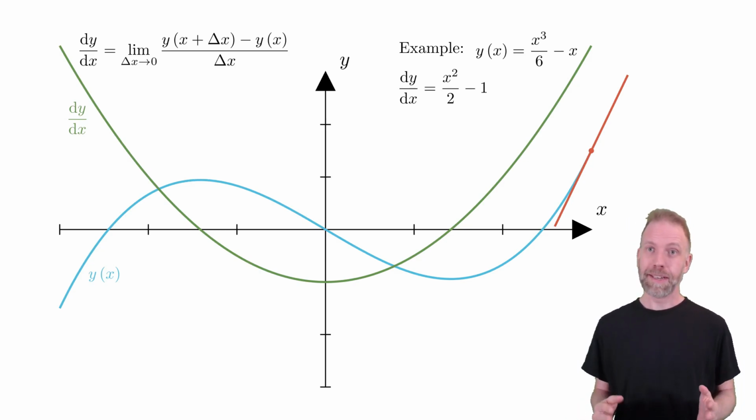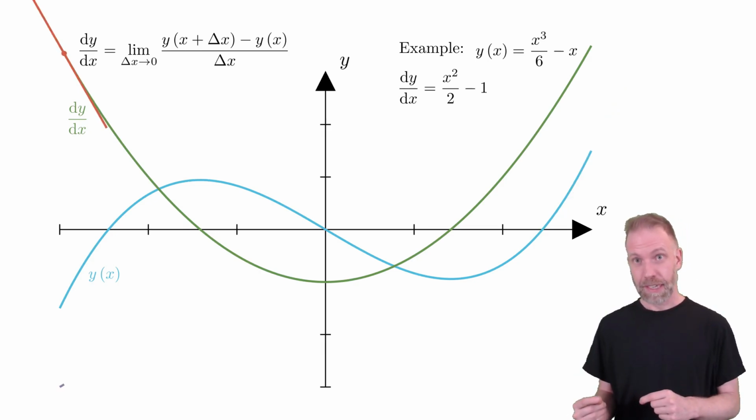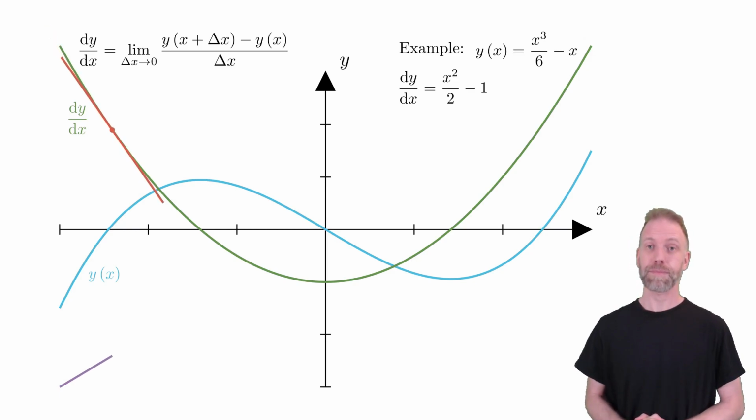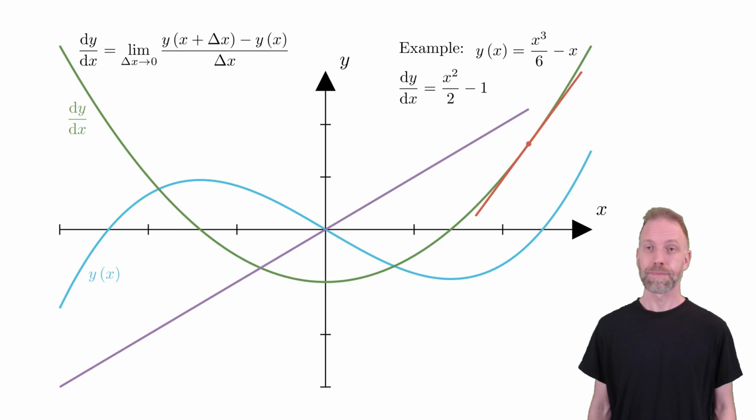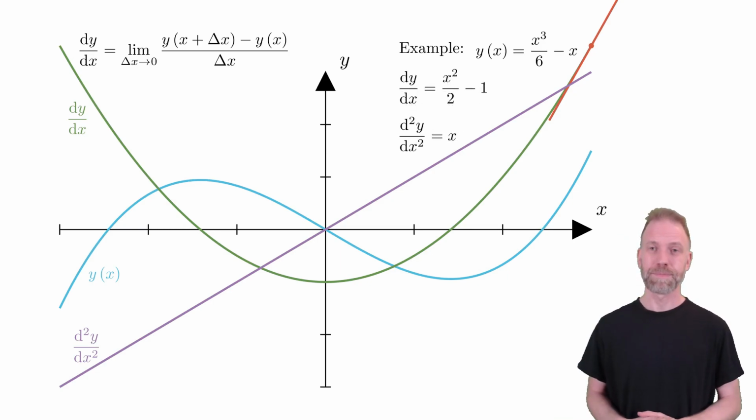Next up, let us check the slope of the derivative to get the second order derivative, which is the purple line. The equation for the second order derivative is simply x.